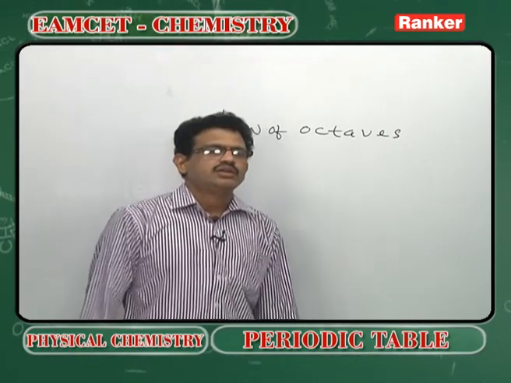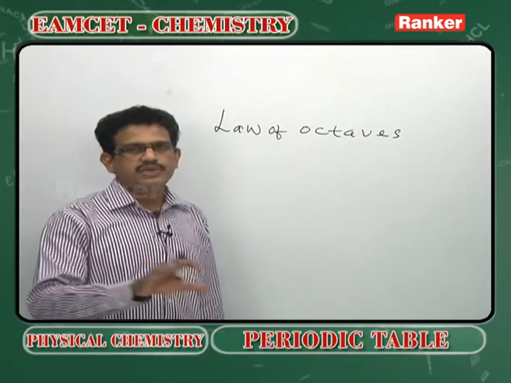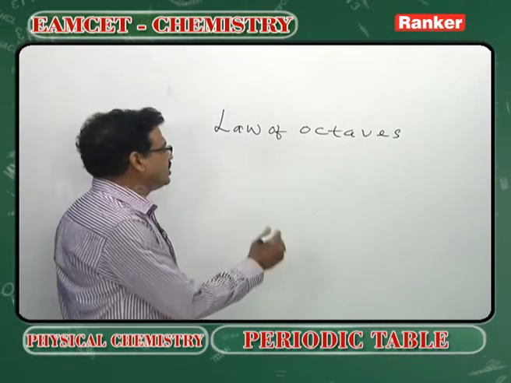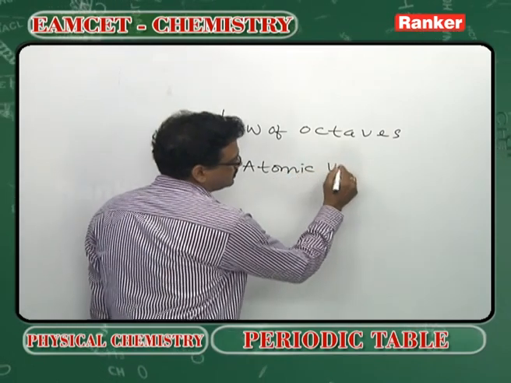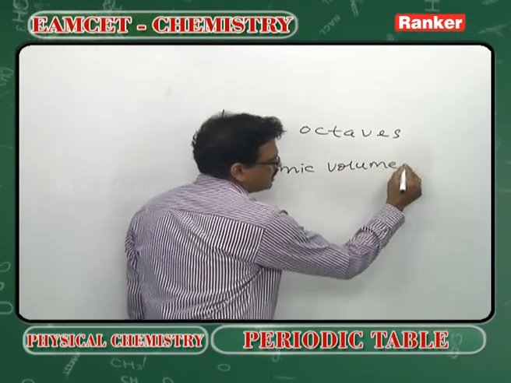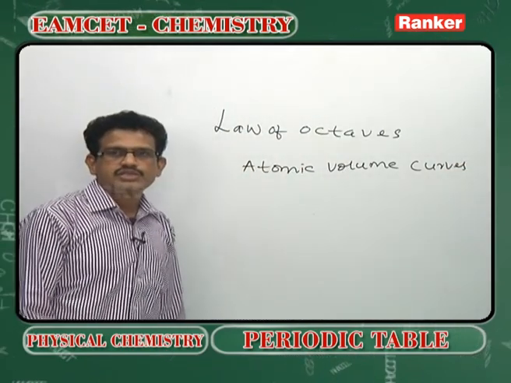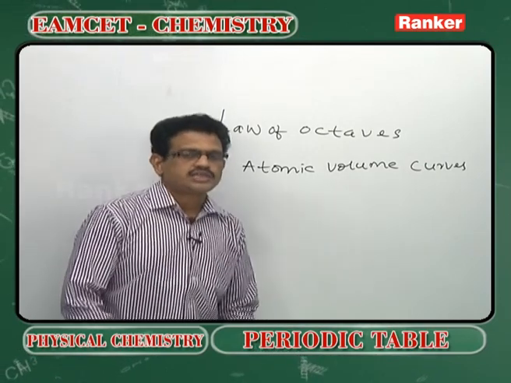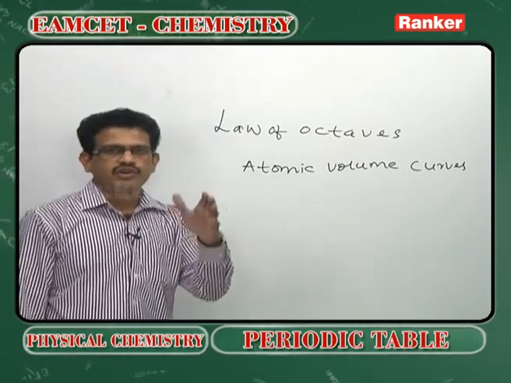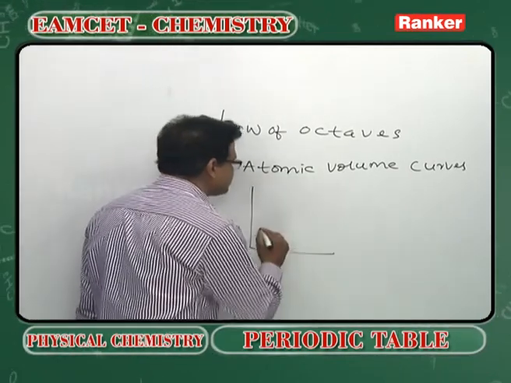After this, another scientist, Lothar Meyer, classified the known elements based on atomic masses in the form of atomic volume curves. Based on the atomic mass again, he classified the known elements in the form of curves, and you can see the curves consist of peaks and troughs.